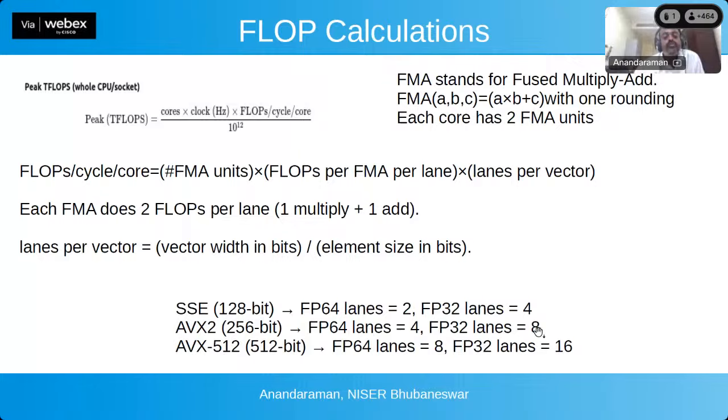Similarly, AVX-512 has 512 bits, which is 64 times 8, so you can have 8 double precision or 16 single precision floating point operations.